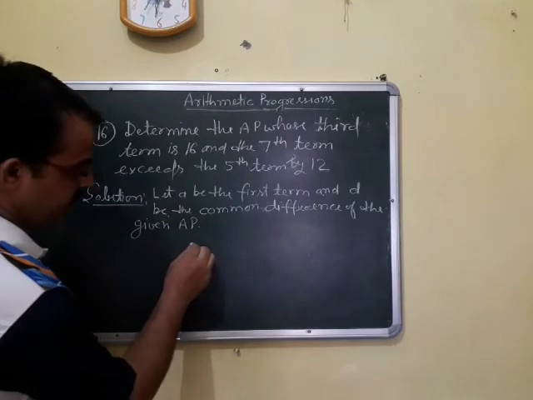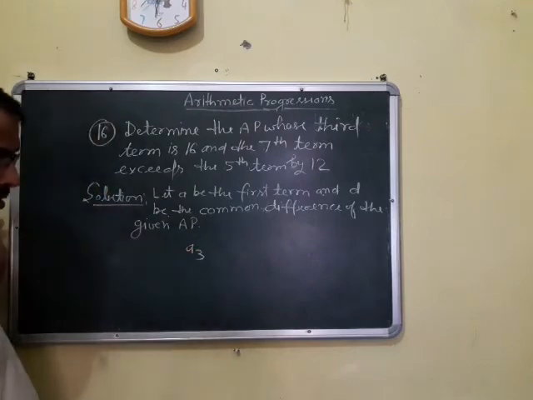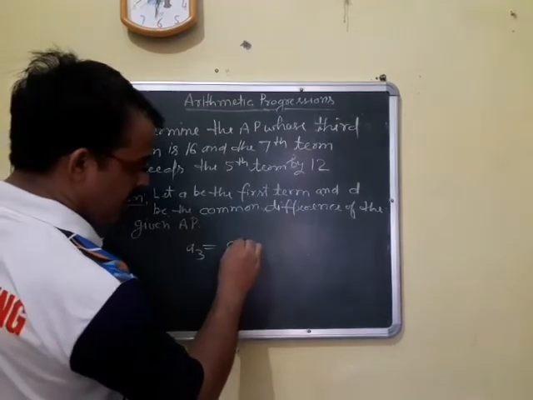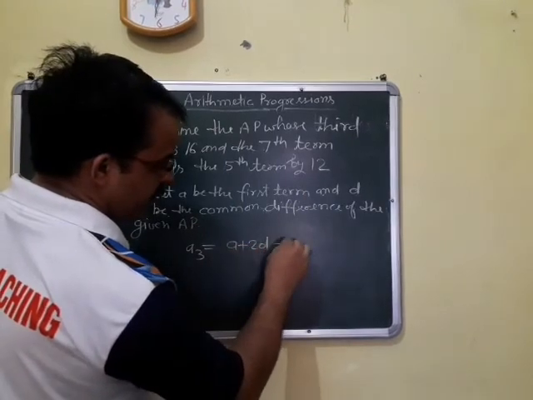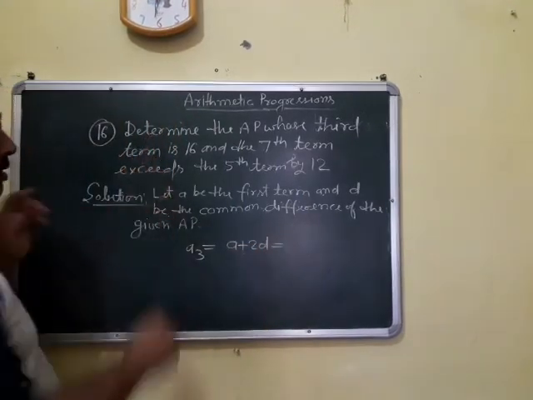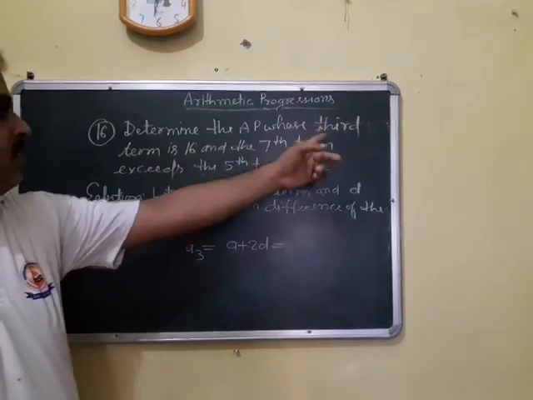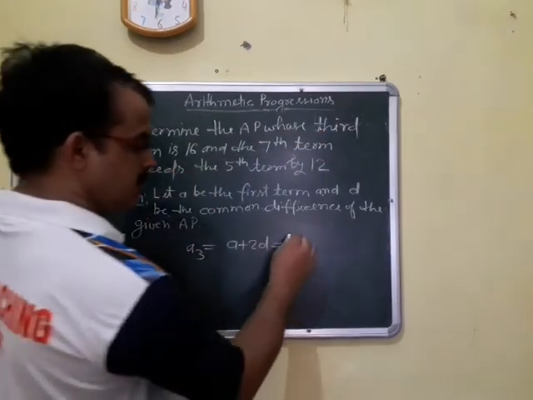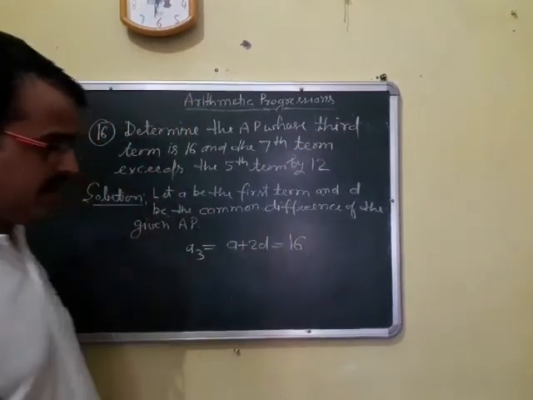Now here is given a3. So a3 we write as a plus 2d. Now here given is the third term is 16. Third term is 16. Clear?